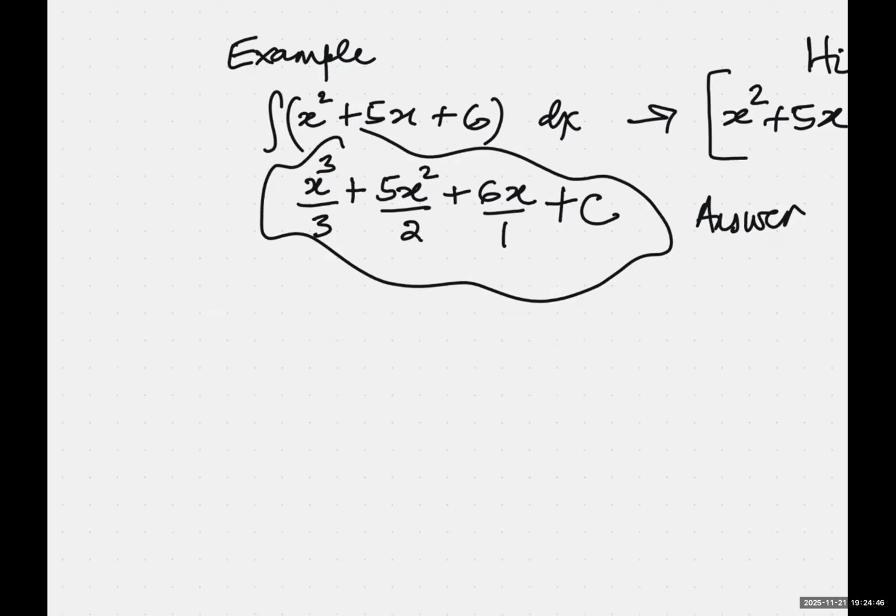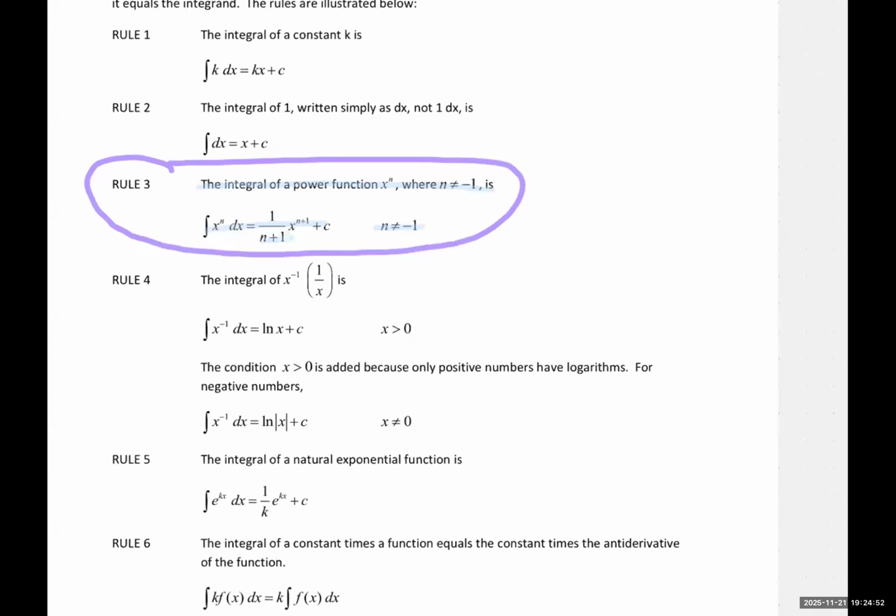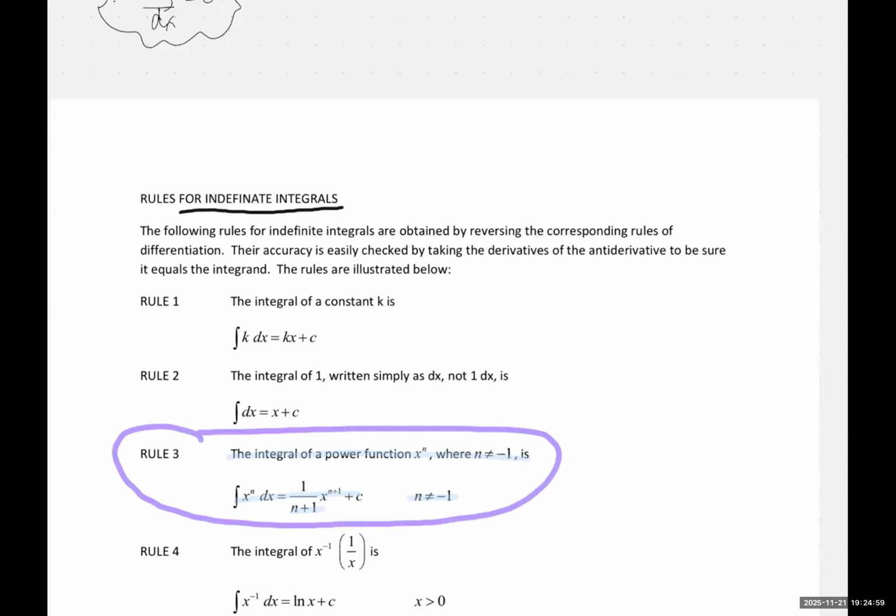The paper says the following rules for indefinite integrals are obtained by reversing the corresponding rules of differentiation. The accuracy is checked by taking the derivative of the antiderivative. So if we have something that is integrated, all we have to do is differentiate it to see if we're on the right track.